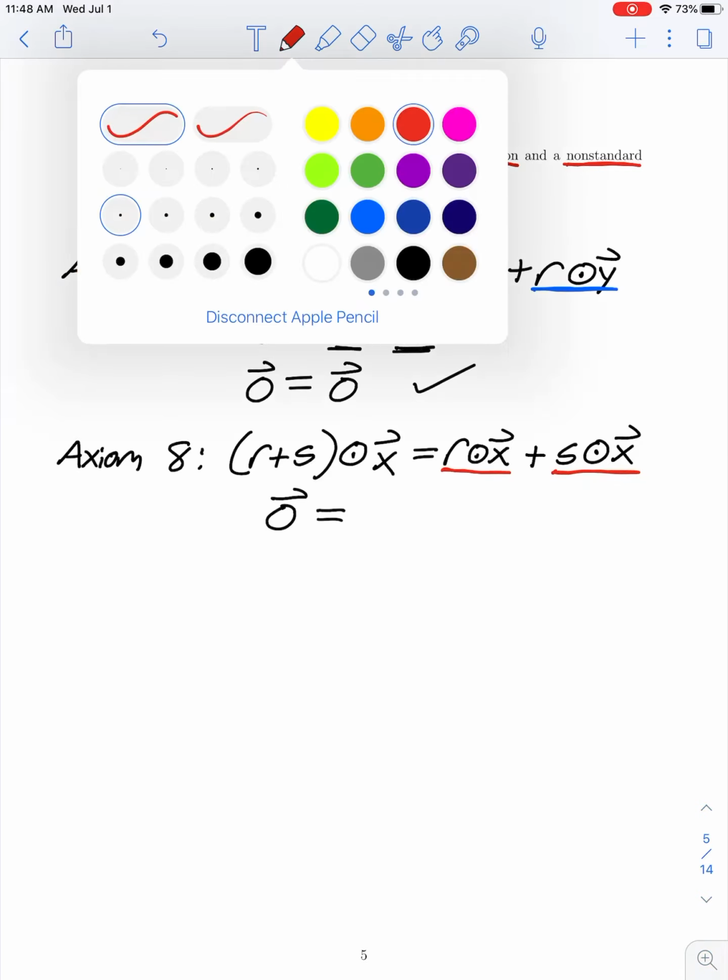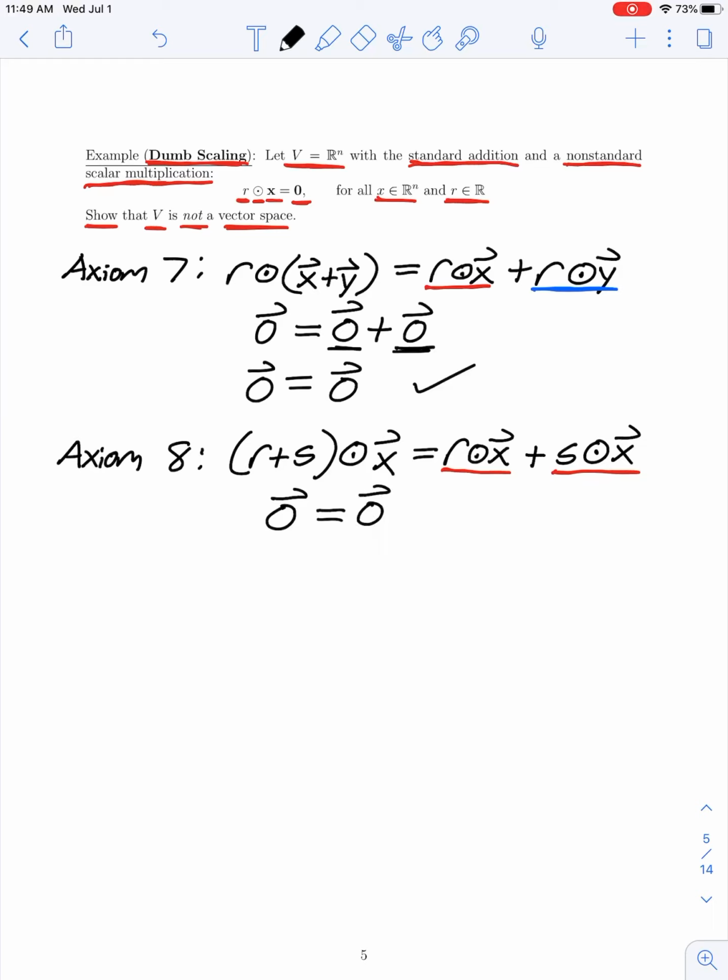It doesn't matter what the scalars or the vectors are, they're always defined as 0. And again, using the fact that the zero vector plus any vector must be the zero vector, our right-hand side reduces to the zero vector, so axiom 8 also holds. So let's look at another one.